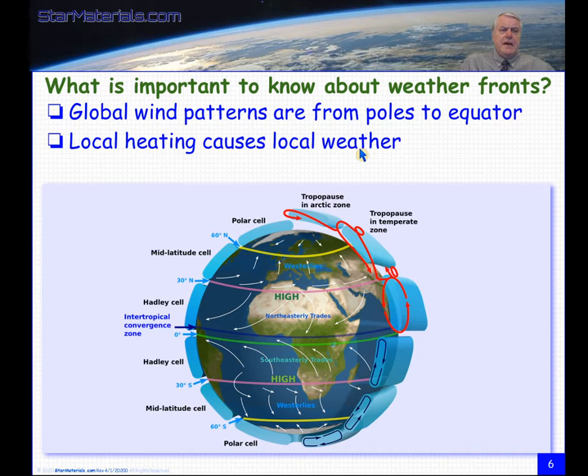That's why day to day it changes. But in a general area, if you have desert, you're going to have similar weather all the time, even though you might have little spots of different weather. And the jet stream pushes the air masses. This is at the top of the troposphere. There's a river of air that meanders around the planet.